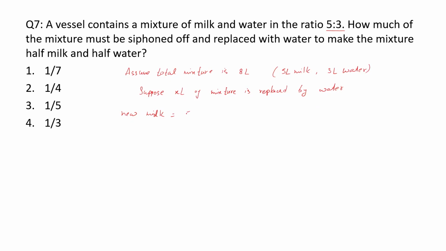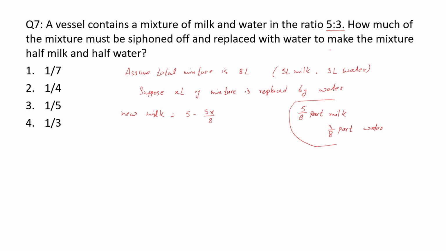Initially there were 5 liter of milk, but you have removed 5x upon 8 liter of the milk, because you are replacing the mixture. In the mixture you had 5 upon 8 part milk, isn't it? And 3 upon 8 part water. Initially in your mixture you had 5 upon 8 part milk, 3 upon 8 part water. That is what it means.